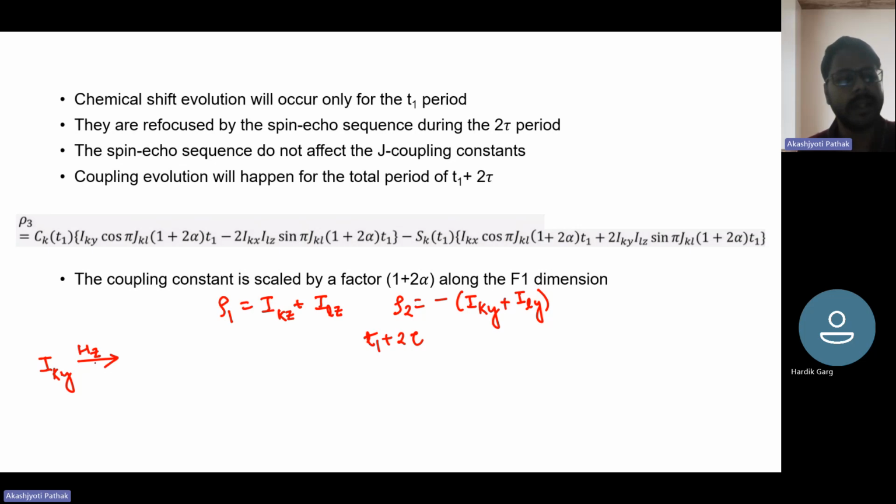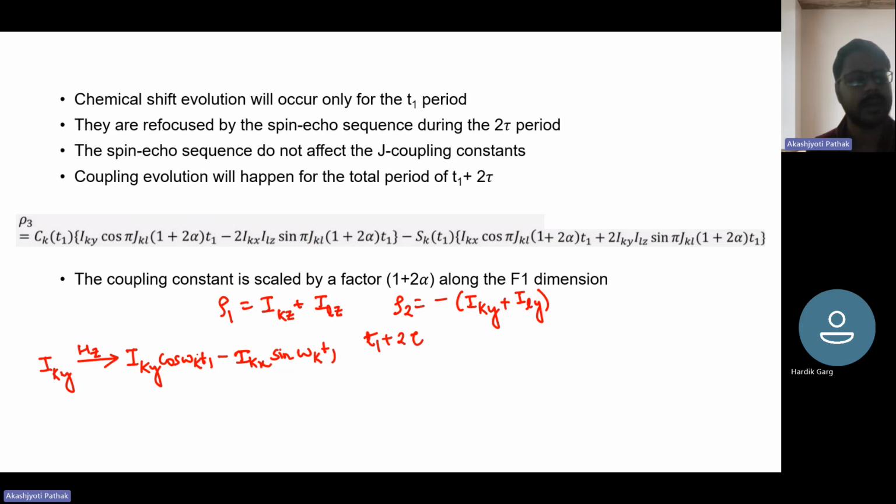You can write this expression: IKY cos omega K T1 minus IKX sin omega K T1. Okay.